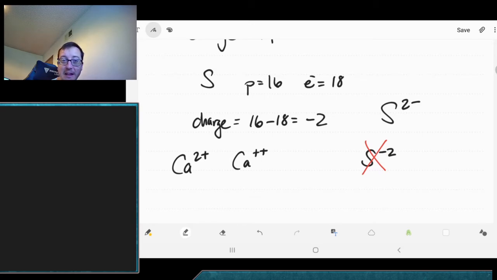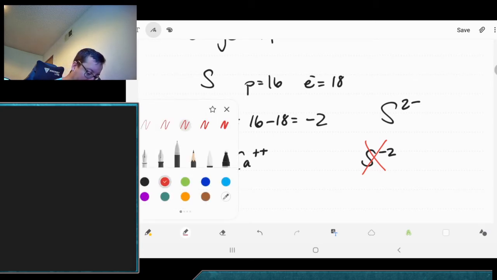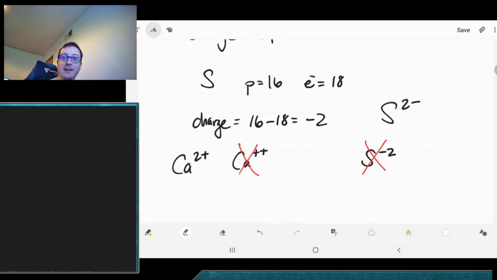You might see something like that in biology class. We don't do that either in chemistry. So, sorry, you're going to have to stick to the way we do it here. If we're going to indicate a charge, it's going to go in the top right, and it's going to have the number of the charge, if it's not 1, and then the sign of it after. Okay, so that's how we're going to be writing these things.